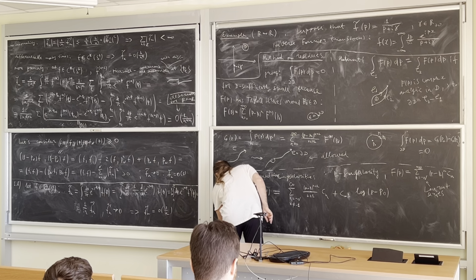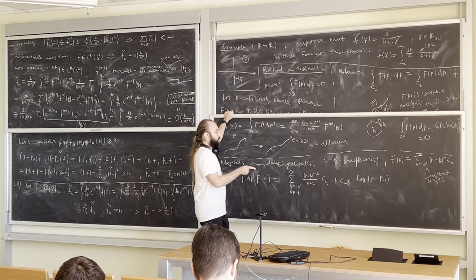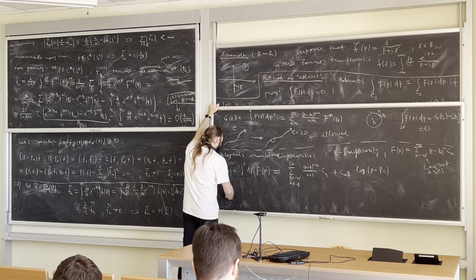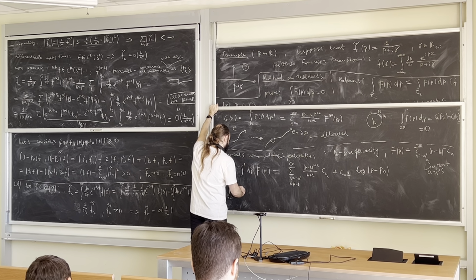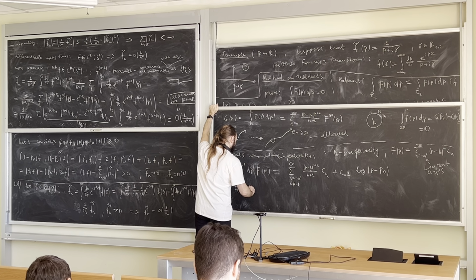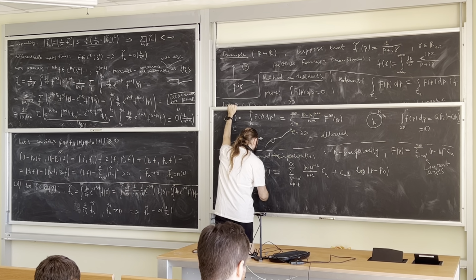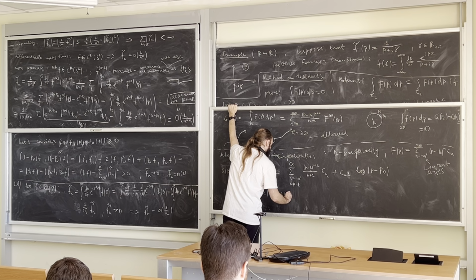And in this case, the integral around the boundary of this domain D of f of p dp equals g of p final minus g of p initial.